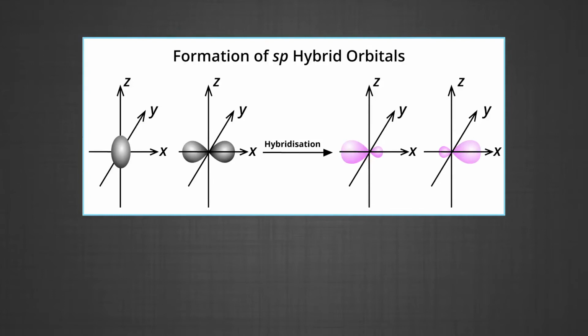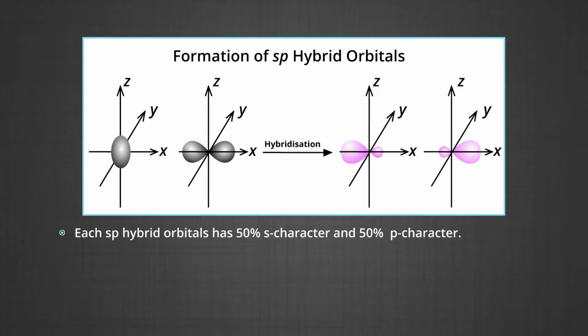The suitable orbitals for sp hybridization are s and pz if the hybrid orbitals are to lie along the z-axis. Each sp hybrid orbital has 50% s character and 50% p character. The figure shows you the formation of sp hybrid orbitals.